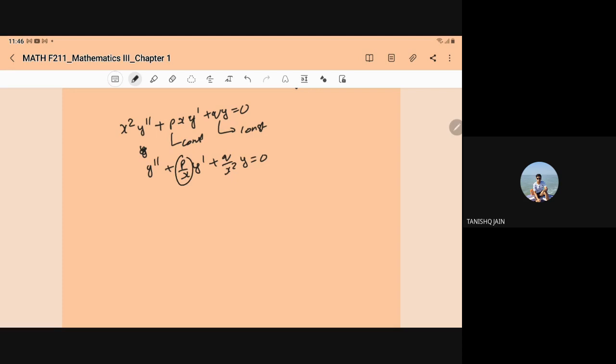In this case, this will be P(x) and this will be Q(x), and this is known as Euler's equation, or Euler's equidimensional equation.